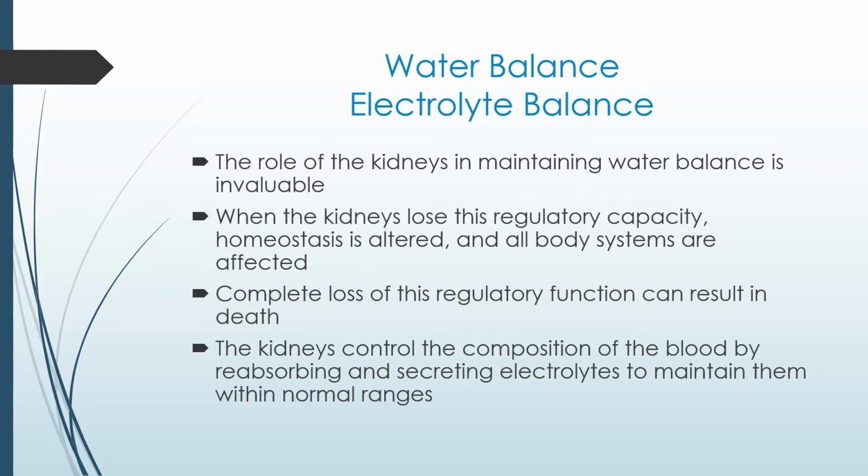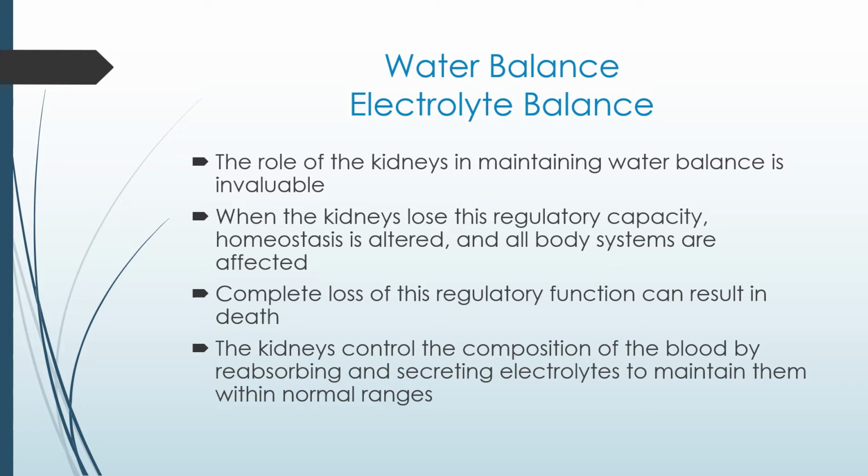So water balance and then electrolyte imbalance. And we know that the kidneys are very powerful in playing a role in electrolytes and balancing the body. So the role of the kidneys in maintaining water balance is invaluable. When the kidneys lose this regulatory capacity, homeostasis is then altered, and then all the body systems will be affected because anything that is going on in the renal system is going to affect pretty much every other system in the body.